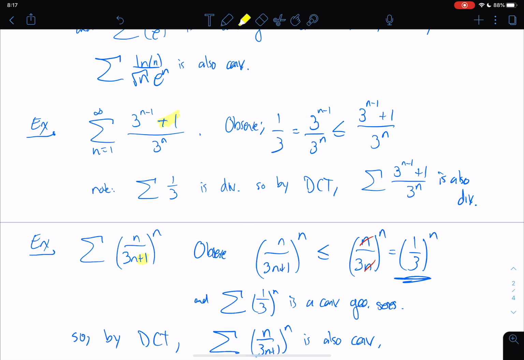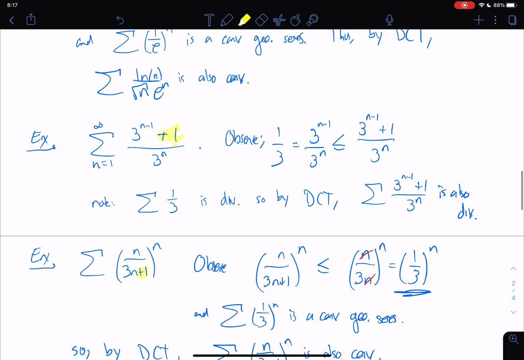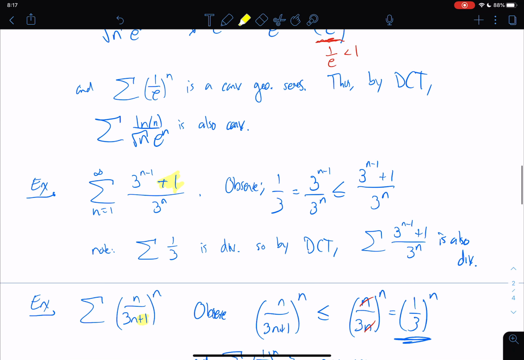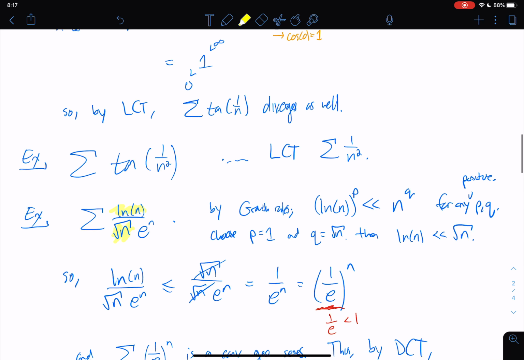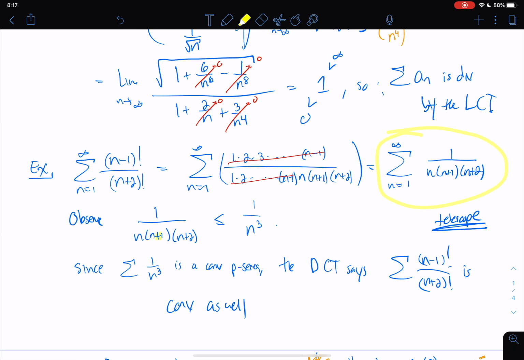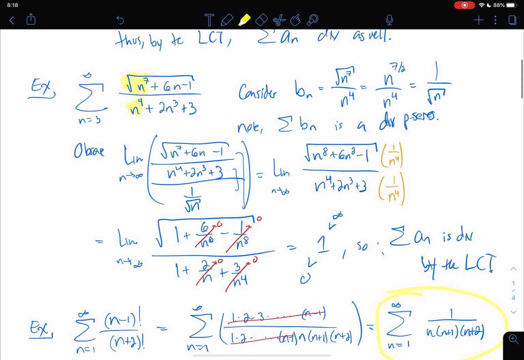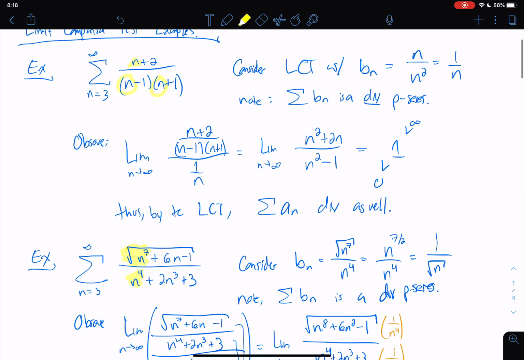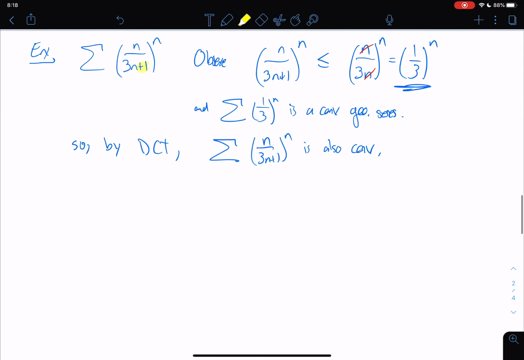Again, here I deleted the 1. I think we did that earlier today as well. Here we deleted the plus 1 and deleted the plus 2. So it's a super common trick that hopefully you're starting to see more examples of.